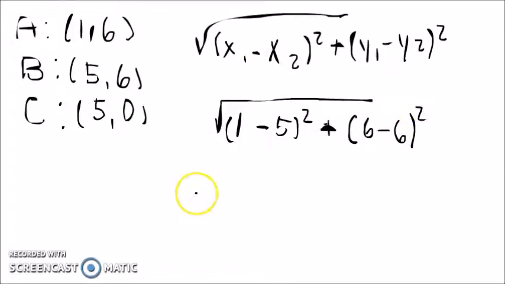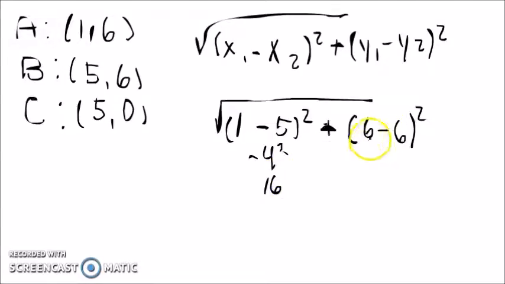Okay, let's see. 1 minus 5 is -4. -4 squared is 16.